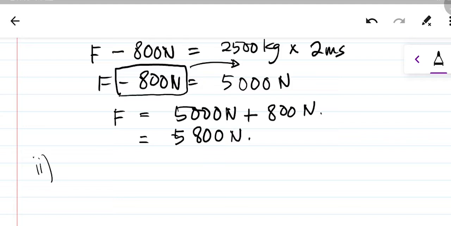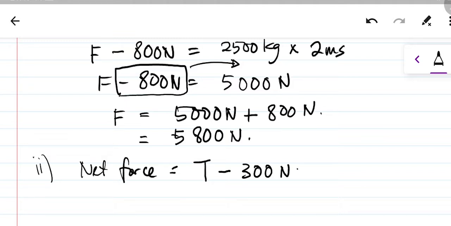Let's consider one side first, say the caravan. The net force for the caravan only is tension minus 300 Newton. This is what we are interested in, and 300 Newton is the frictional force.